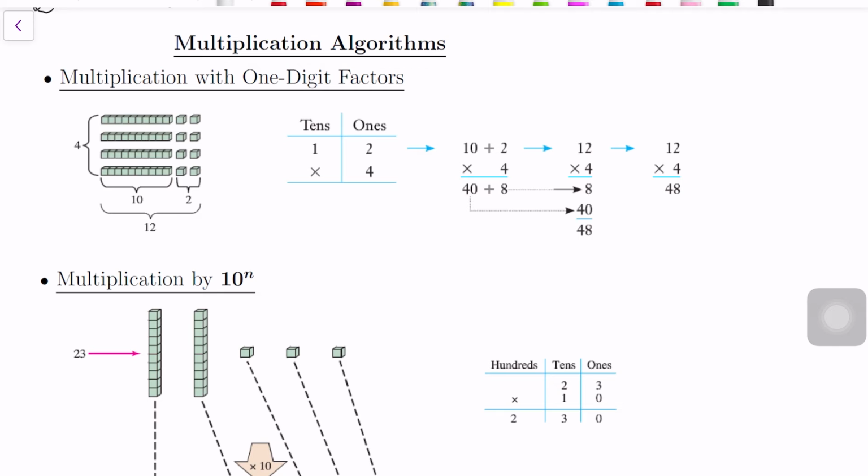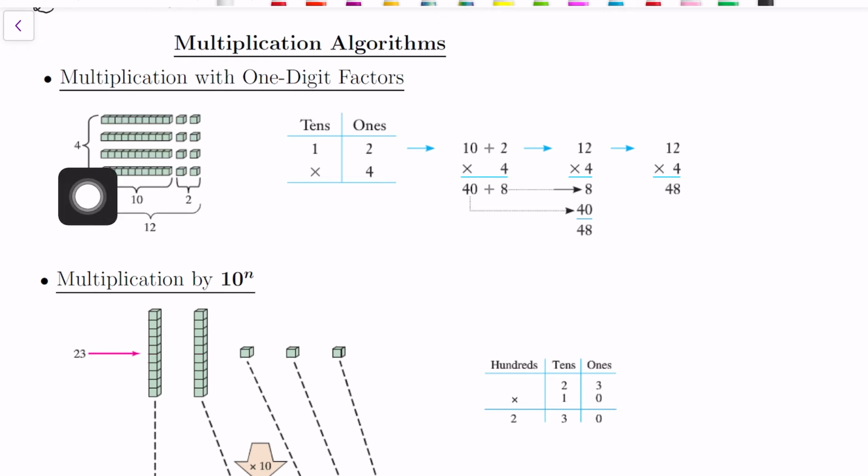We're again going to look at the concrete model, something you're going to have to show in school, then the expanded algorithm, and then the standard algorithm. So concrete one, let's multiply 12 times 4. In the concrete algorithm, 12 stands for 1 long and 2 units. I want you to place them horizontally when we multiply.